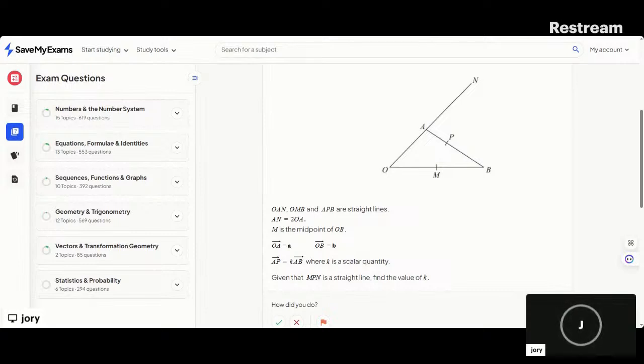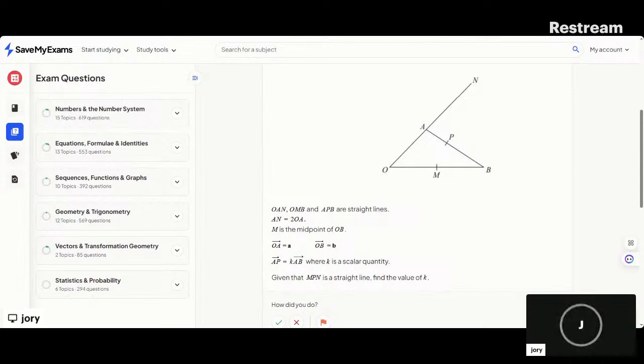Okay, and then how do I use that? NP is part of NM, just the opposite of MN, which is the one we've done. So half of B minus 3A, that's NM. So NP is also part, let's call this part M, of NM, equals half of BM minus 3AM.